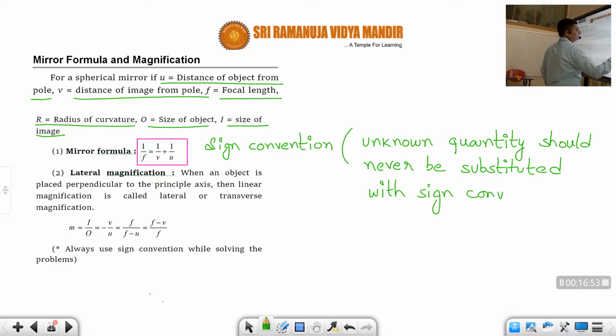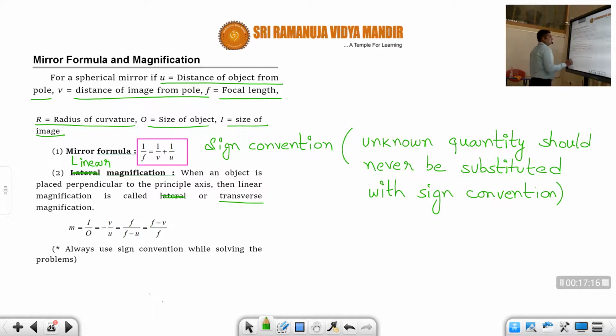Okay, students, this is the very, very important point regarding the mirror formula. The remaining two quantities you should substitute with sign convention, but the unknown quantity should never be substituted with sign convention. And then afterwards we have linear magnification. This is not lateral, this is called linear magnification or transverse magnification.